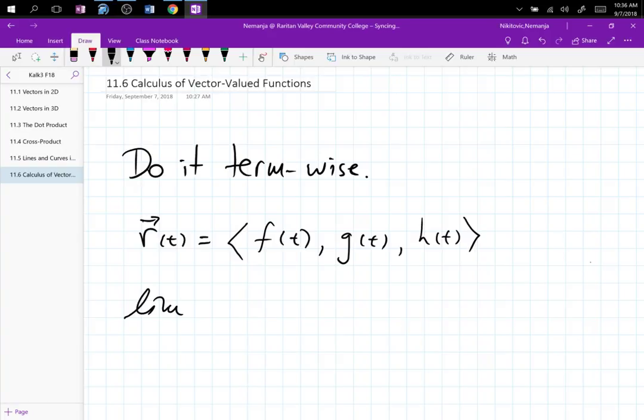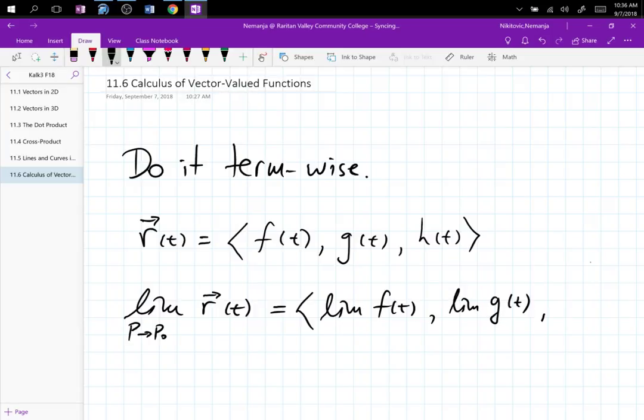The limit of r of t as, let's say, point P goes to point P0 is going to be the vector of the limit of f of t, the limit of g of t, and the limit of h of t as x goes to x0, y goes to y0, z goes to z0, right?